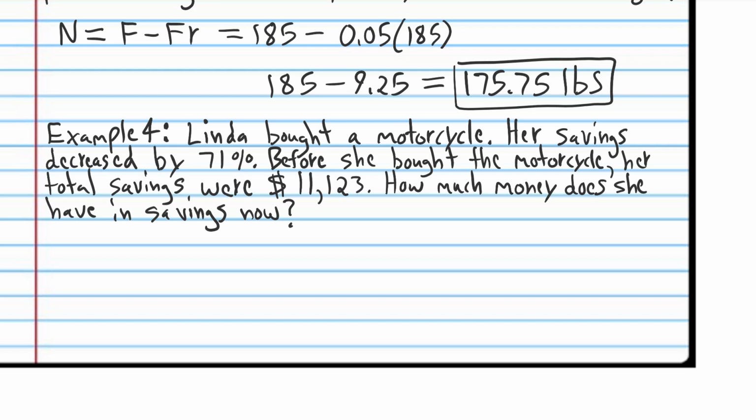All right, we're back. The new number equals, we're doing decrease again, so it's going to be minus. So the first number was 11,123, but it was decreased by 71%. So we find 71% of the original number.